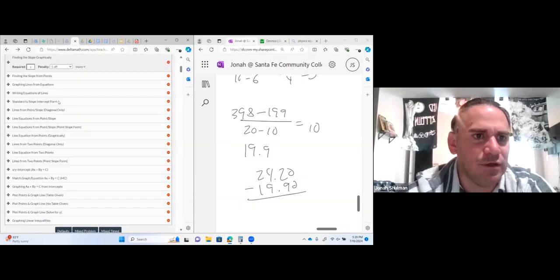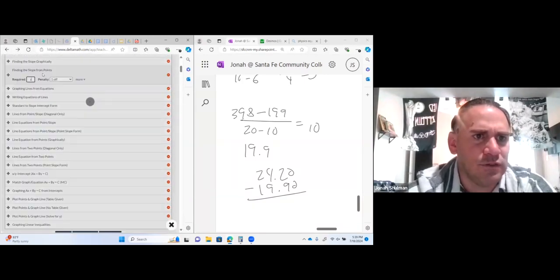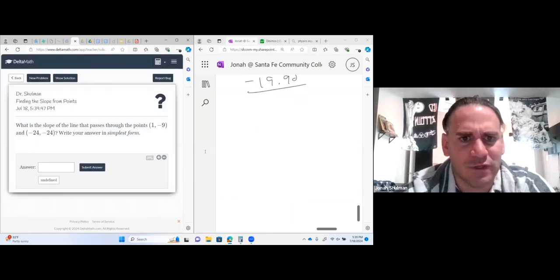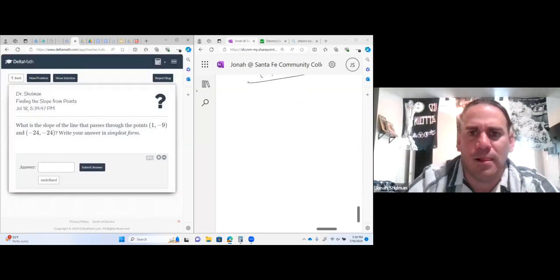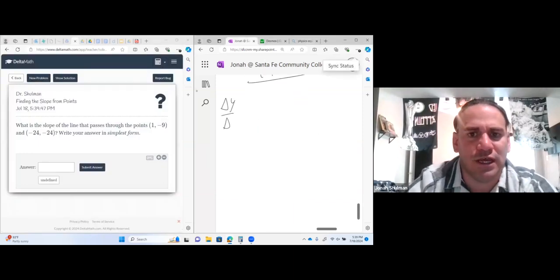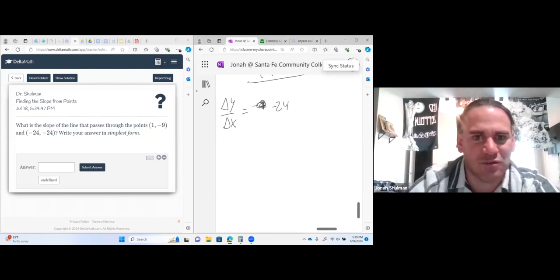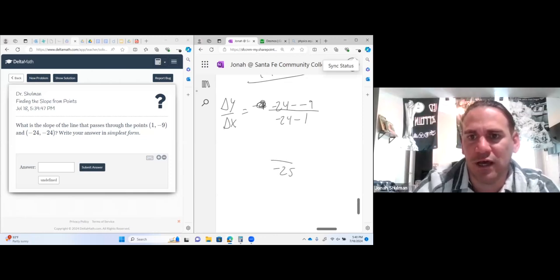All right, let's keep on going. Let's find the slope for some points. We've done this before. Change in y over change in x. It should always be y2 minus y1, because that's what the formula is. Minus a minus 9, over negative 24 minus 1. So the bottom's negative 25. The top, we're going to add this.